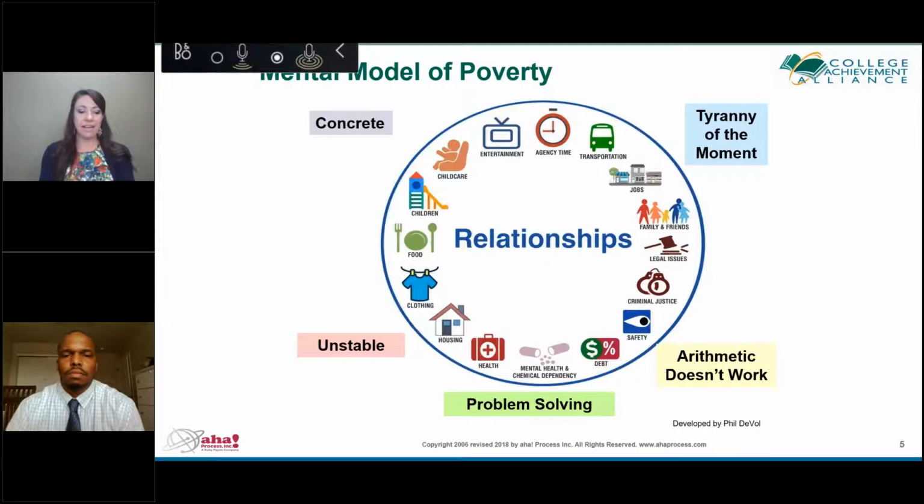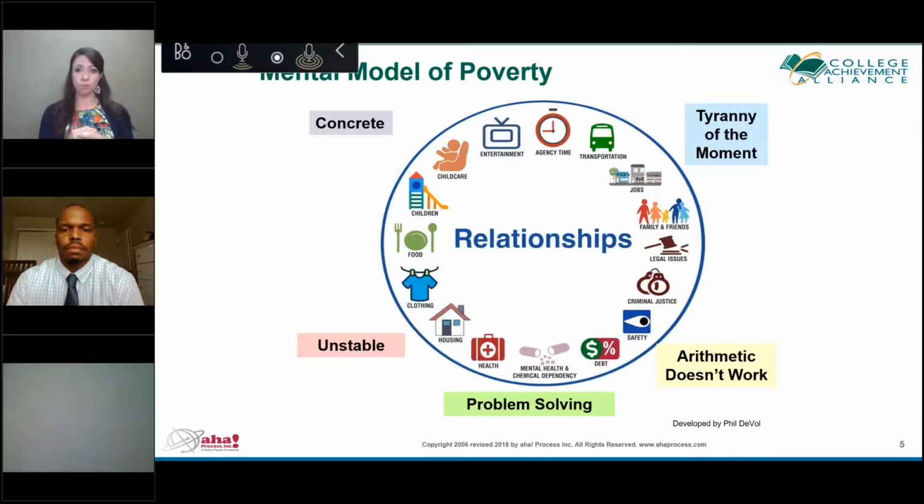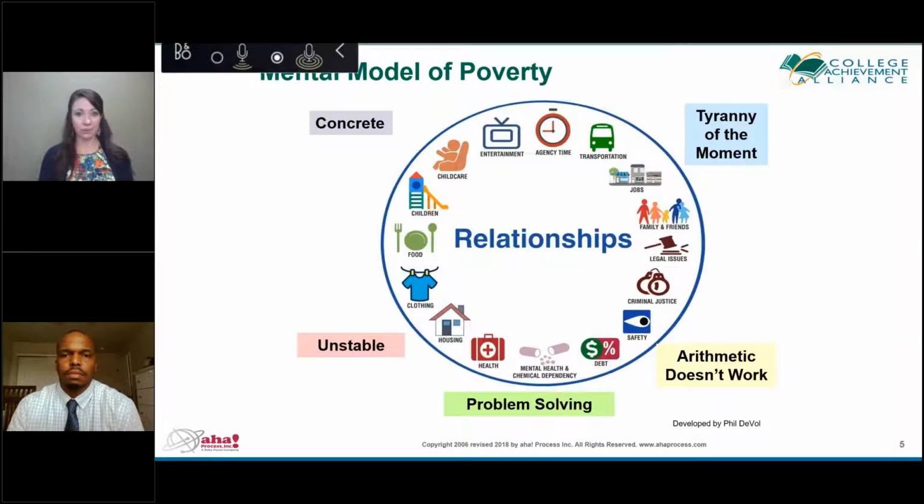And so even the task of doing my laundry can take up a lot of time, but we're asking students to fully engage in their homework, to fully engage sometimes right now in online learning, if they're Zooming and all of those other things with us that I know some schools are doing. But we're asking them to engage when already they're living in a really unstable environment where their problem solving is in the moment.